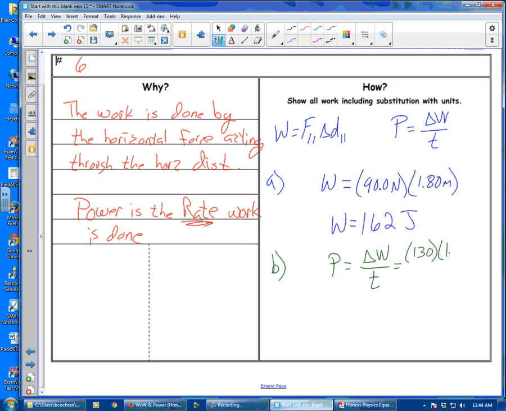Each stroke he does 162 joules worth of work, and he does that per minute, which would be in 60 seconds. And I have all numbers again, and I'll end up with watts because I have joules per second. So if you need help individually on that problem, let me know, and I'll come around and help you look at the work you've done.